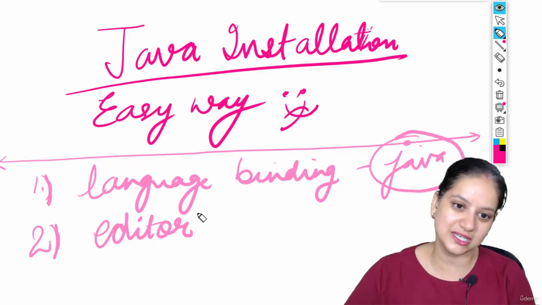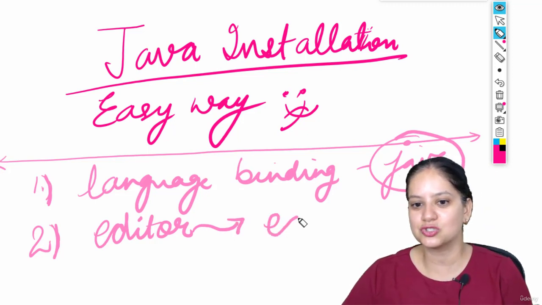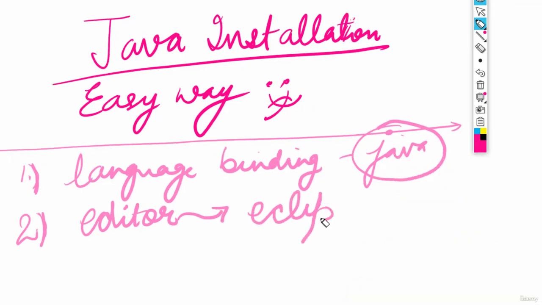Now, we are going to install Java and see how Java can be installed. And in this tutorial itself, I will introduce you to one of the editors which is called Eclipse, and I'm going to show you how Eclipse can be installed. Across the globe, Eclipse is one of the editors which is very widely used, though as a Java developer or an automation tester, you should know which other editors are available in the market.